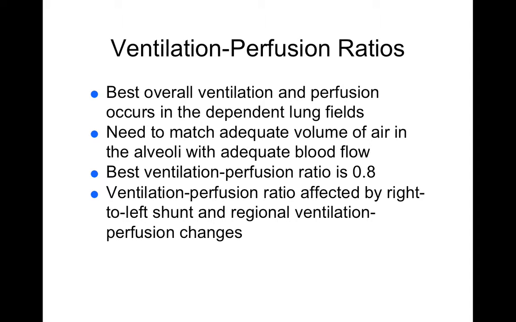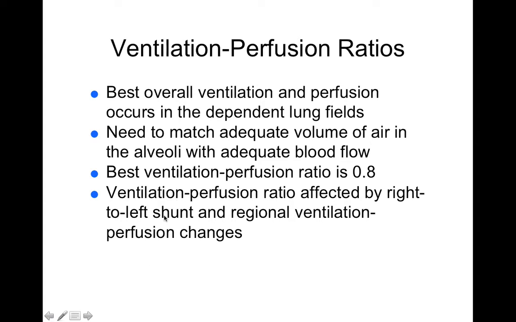If the concentration of oxygen is high in an alveolus, this is the stimulus to increase blood flow to that alveolus. Okay? And the way you increase blood flow to an alveolus is by vasodilating the blood vessels that serve that alveolus. So some of our best ventilation perfusion ratios are about 0.8. What this means is that you get almost a one-to-one relationship of airflow and blood flow.